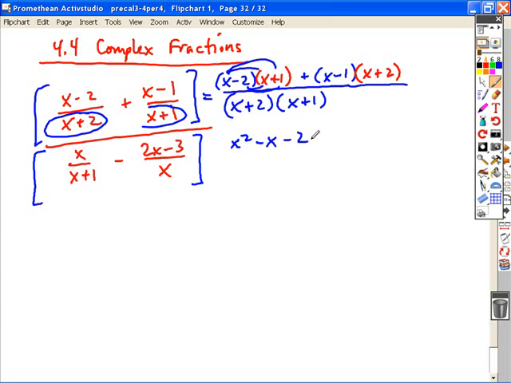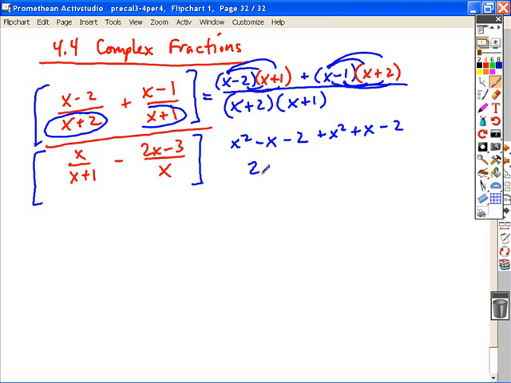Going to do the same thing with the second set. My first is plus x squared. My outer plus inner gives me 2x minus 1x, so a plus x. And then my last gives me 2 times a negative 1, so negative 2. So now, again, just working with this numerator, I'm going to combine my like terms.